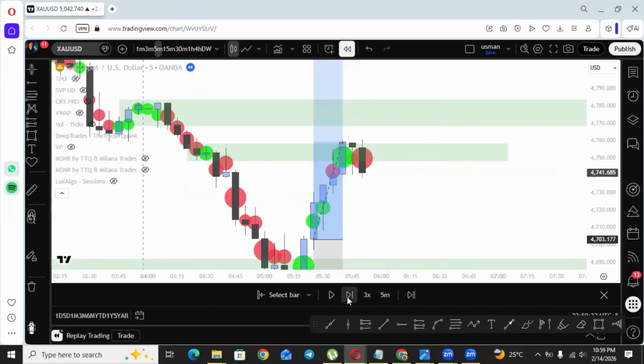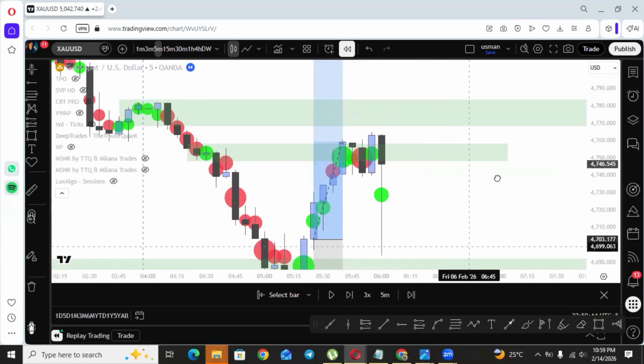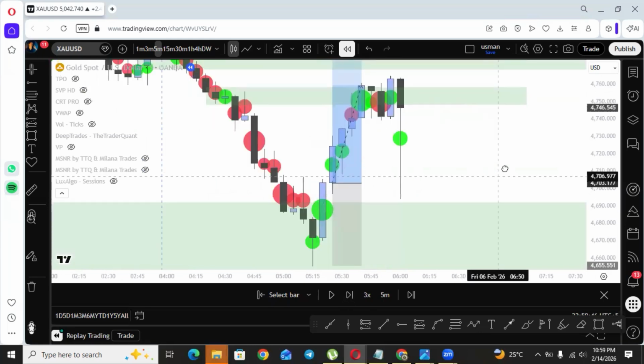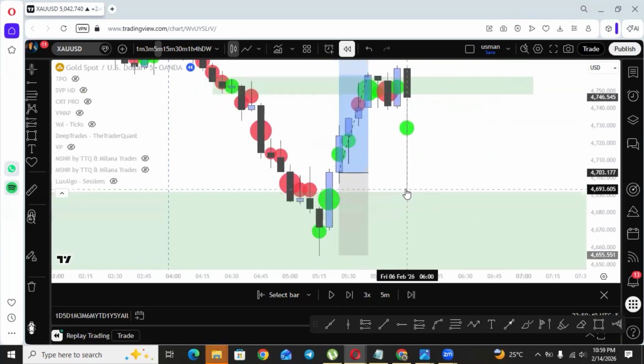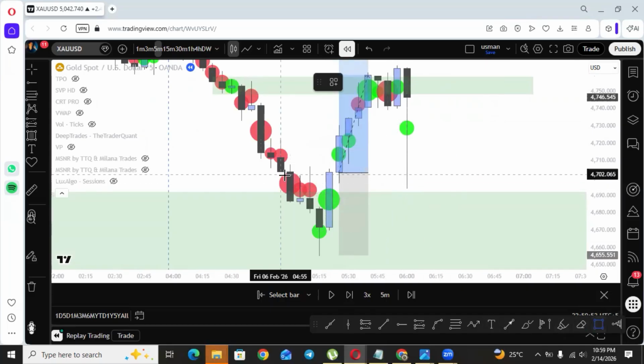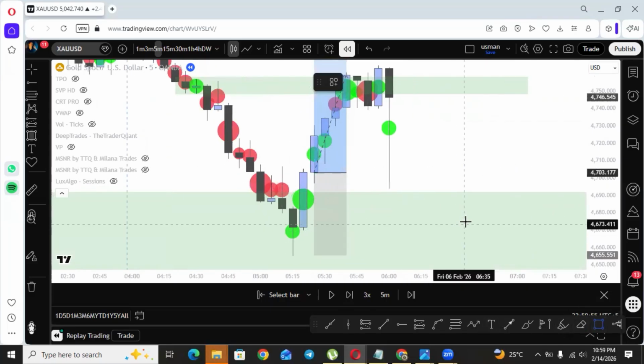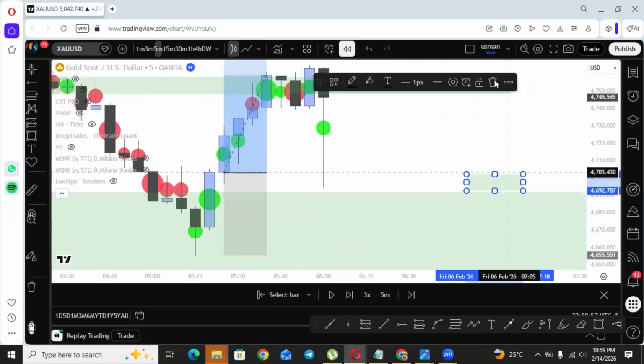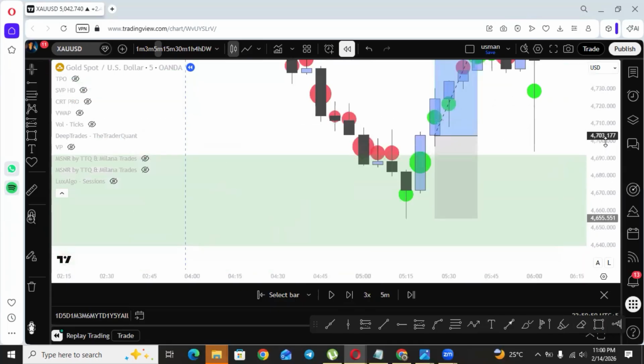Okay, so let's see. And again, buyers are trying to absorb the sellers. Look what happened in this candle. This came into the area where absorption has taken place earlier. Let me show you.